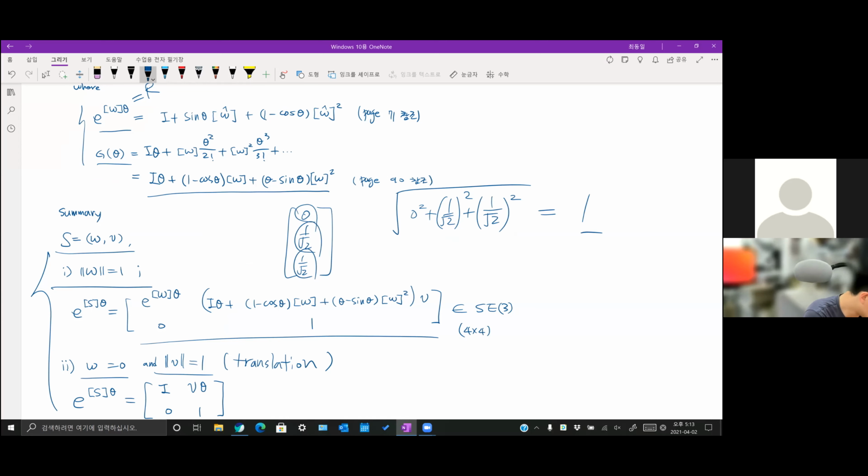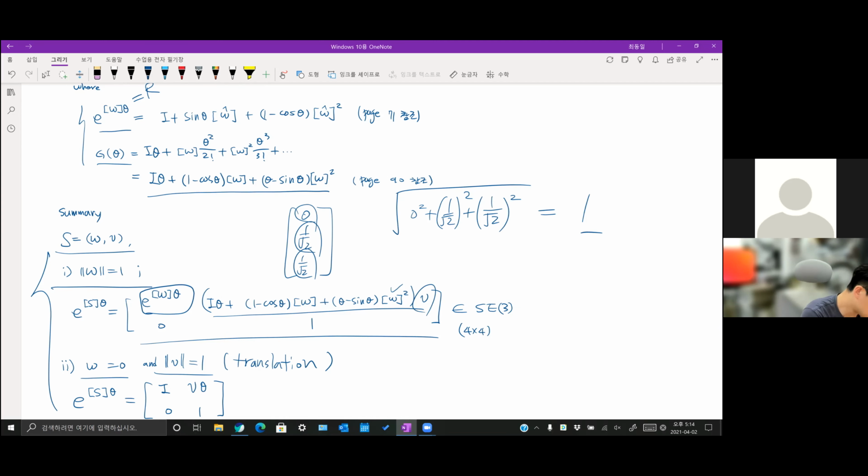We can calculate the rotation matrix using this equation, and also the position vector using this one. When we calculate this, we use theta and omega, and also v.